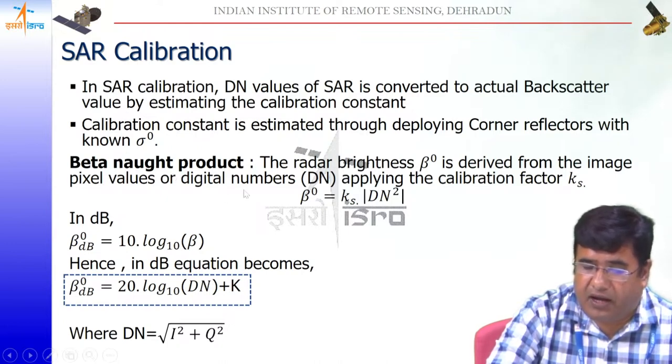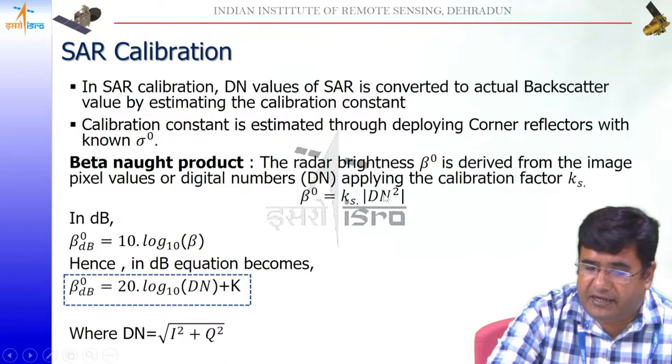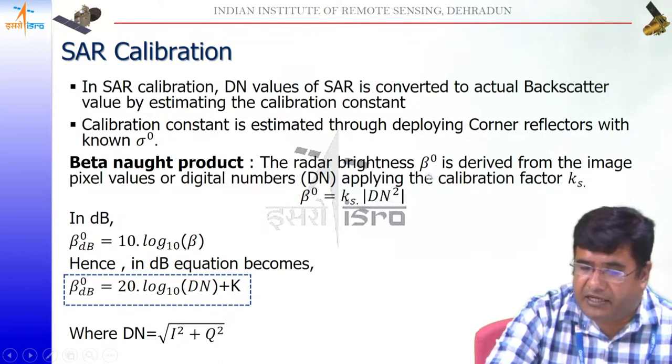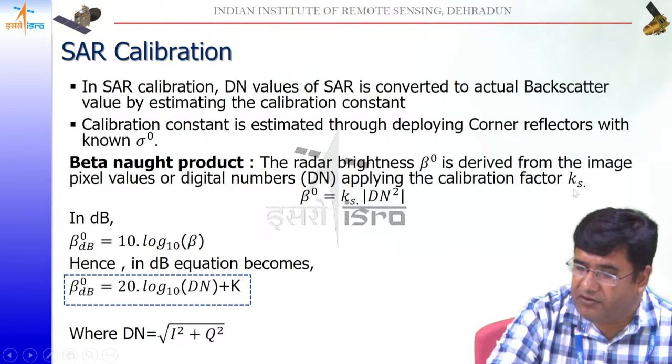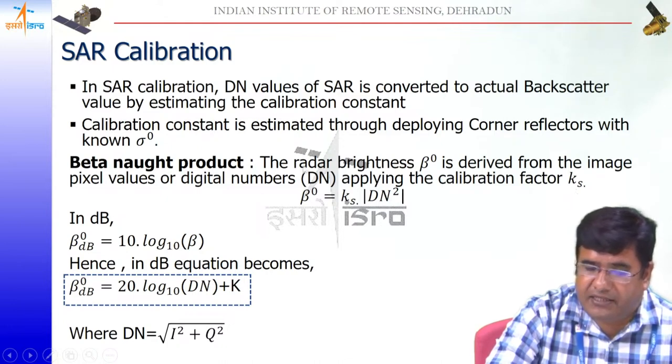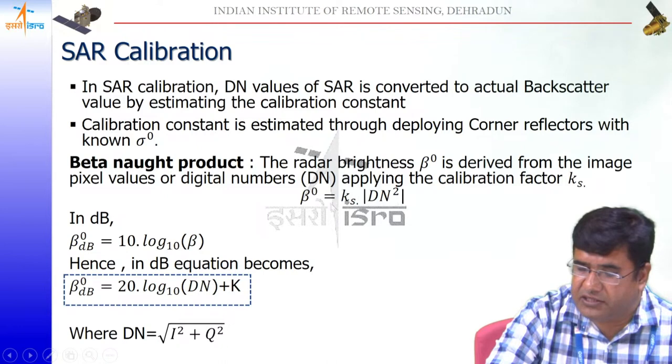Okay, so how are the DN values related to beta naught? What is the beta naught product? The radar brightness beta naught is derived from the image pixel values or digital numbers by applying the calibration factor Ks. That is applied on the slant range image itself. So beta naught is given by Ks times DN squared, where Ks is the calibration constant.